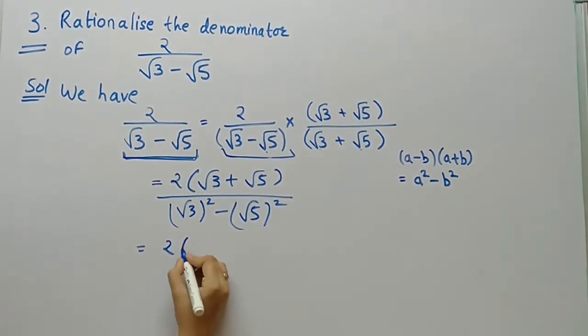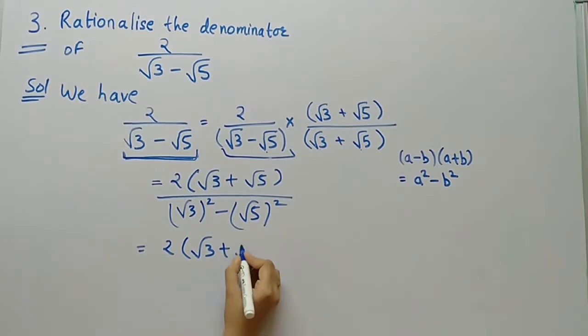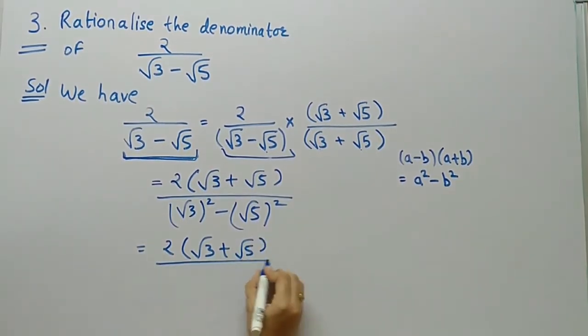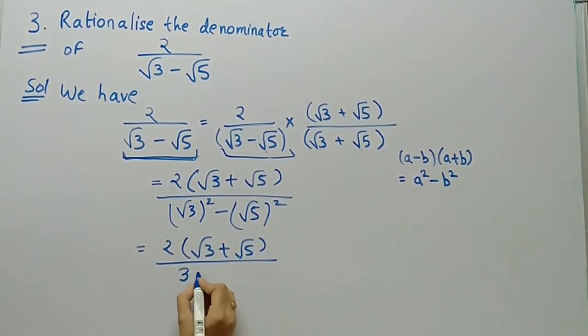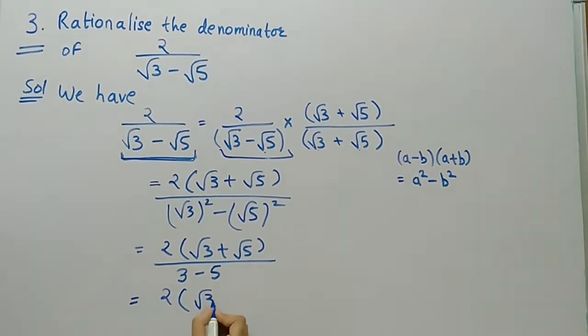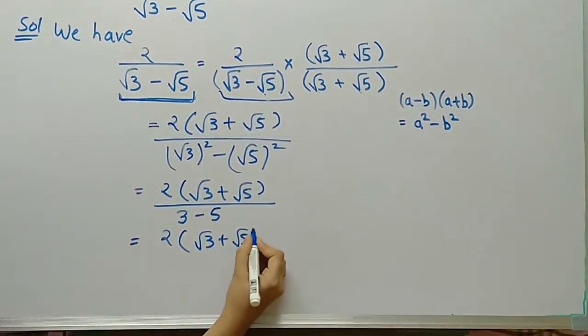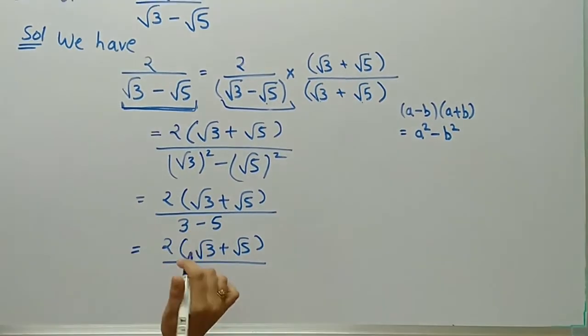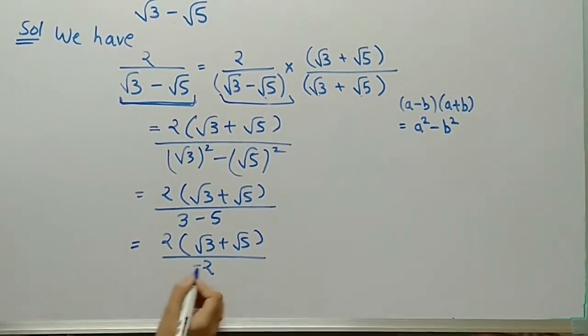So we have 2 times (root 3 plus root 5) upon 3 minus 5, and 3 minus 5 is equal to minus 2.